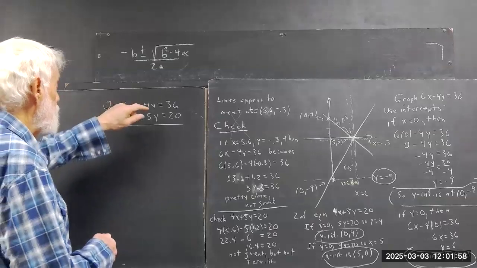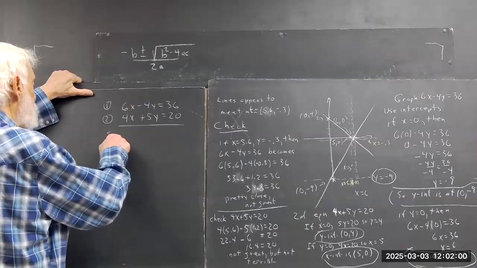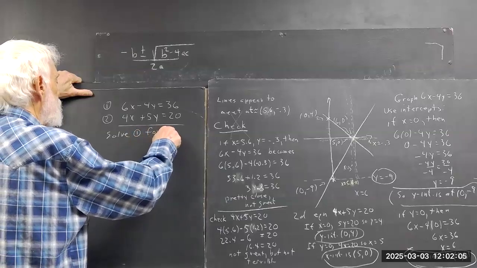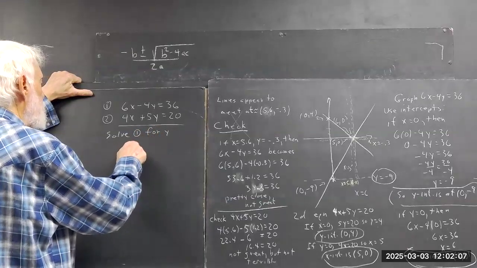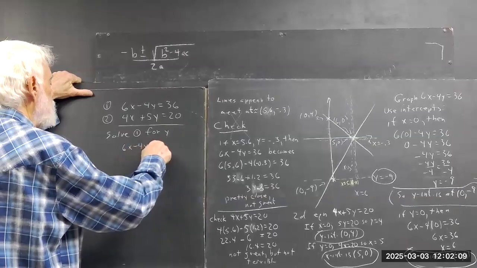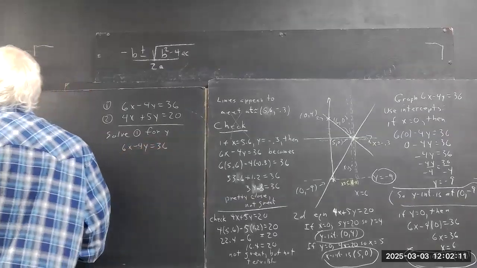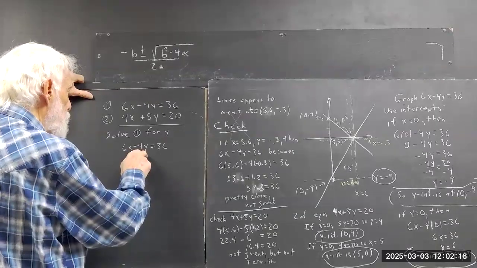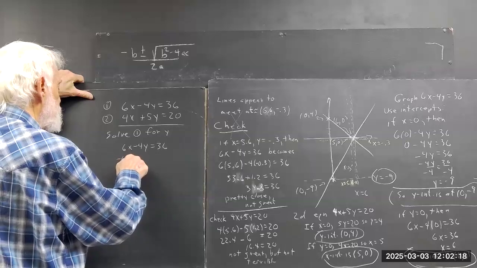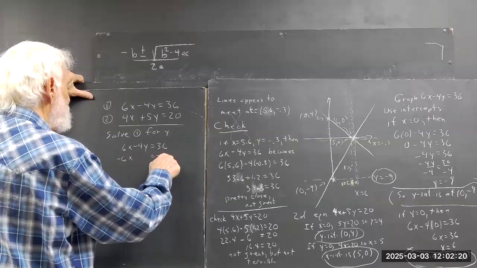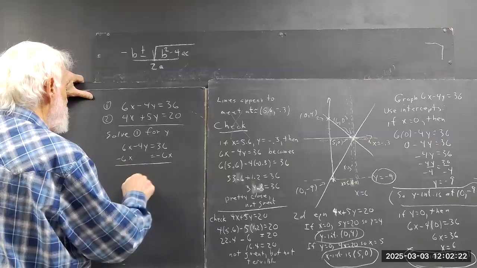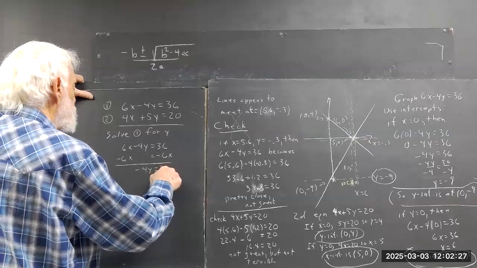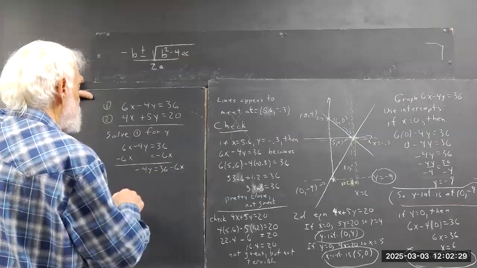Okay, so anyhow, we're going to solve the first equation for y. So we got 6x minus 4y equals 36. Solve for y, so we're going to subtract 6x from both sides. And we get negative 4y equals 36 minus 6x.